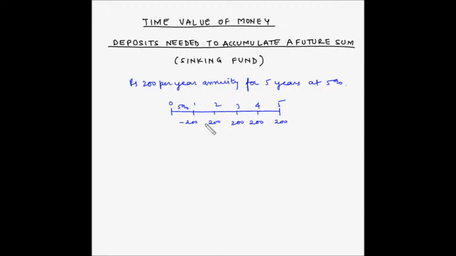So I'll change this to negative sign, indicating that this is an outflow from our pocket. And in order to find out what we'll get at the end of 5 years, we'll find out the future value of this annuity at the end of the 5th year.